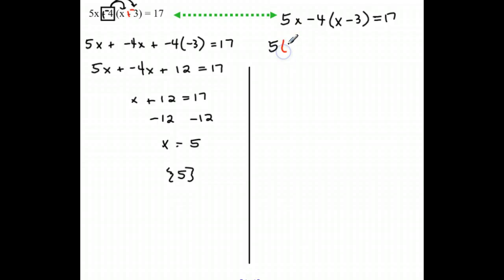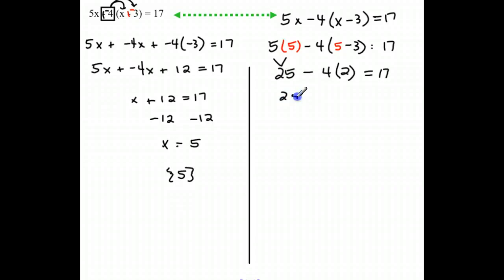I believe x is also 5, minus 4 times 5 minus 3 equals 17. Here I'm going to get 25. 5 minus 3 will give me 2. 25 minus 8 will end up giving me 17. So my answer checks out.